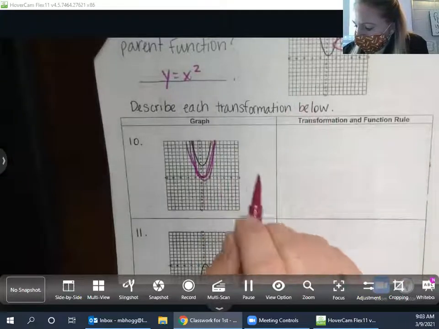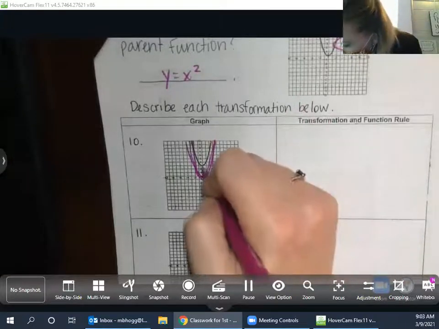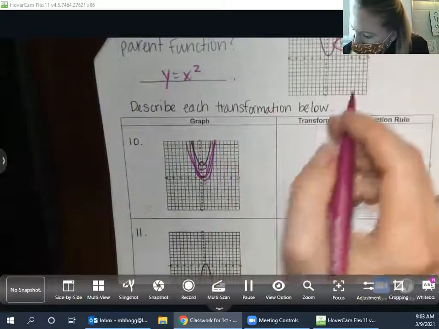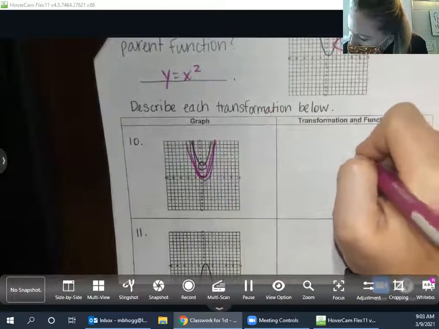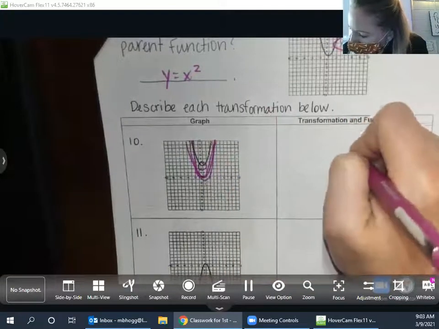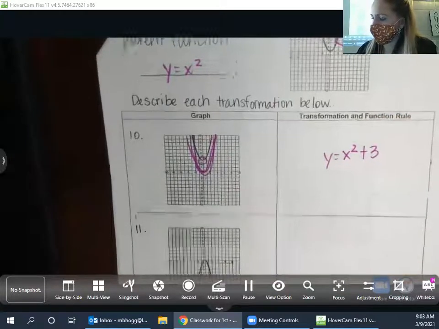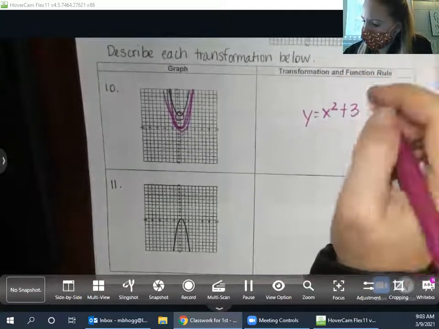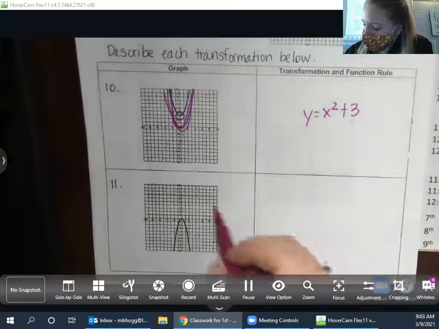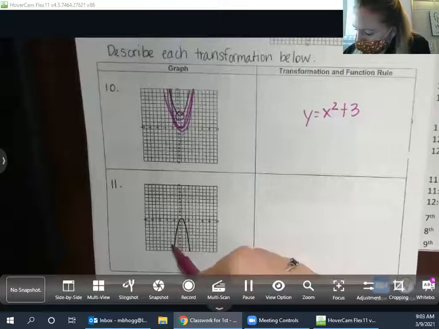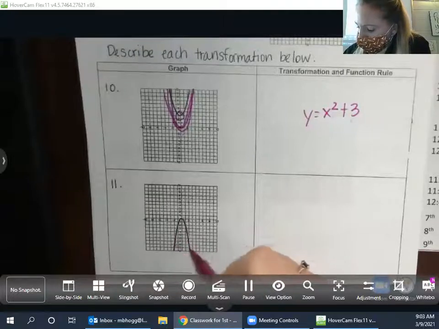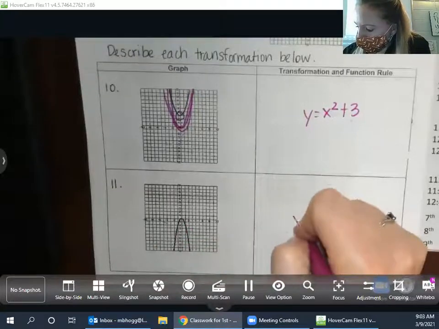So what did it do? It moved up how many on this one? Plus 3. So it's x squared plus 3. Down here, it looks like it's reflected from the x-axis. So what did that mean happened?